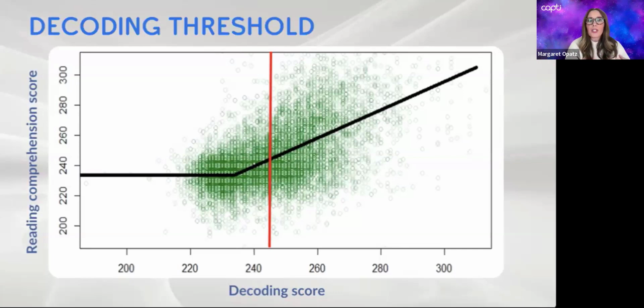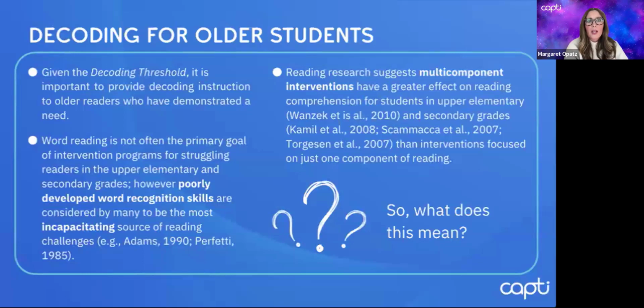And it looks very different than our primary grade type of instruction. When we think about decoding for older students, we know there's that decoding threshold, and an assessment should tell you what that decoding threshold is. Where is it that students can start to make some good gains in decoding to be able to contribute to reading comprehension?